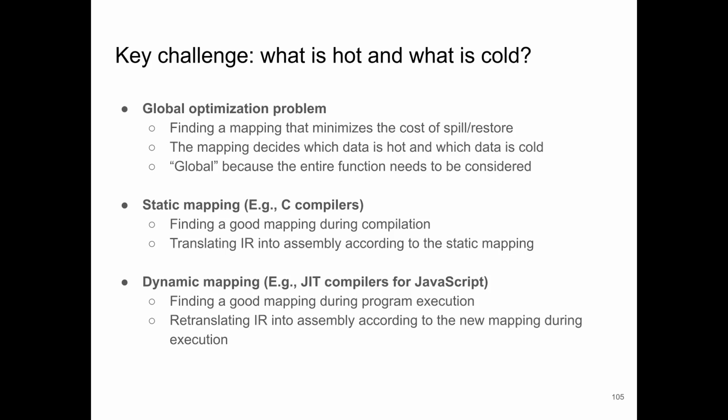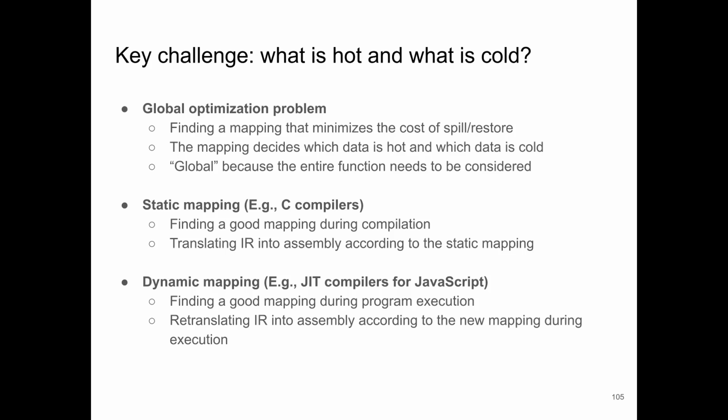The reason why it is a little bit difficult or challenging is that it is a kind of global optimization problem. You cannot see only a part of the code and deduce that some data is hot and some data is cold.